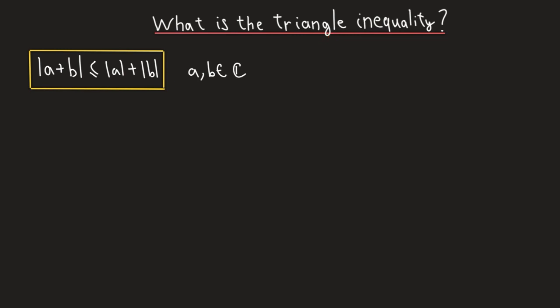Well, in order to fully understand the triangle inequality, we first have to remember that we're dealing with complex numbers. And complex numbers are numbers that can be written in the form z equals x plus iy, where x is called the real part of the complex number z, and y is called the imaginary part of z.